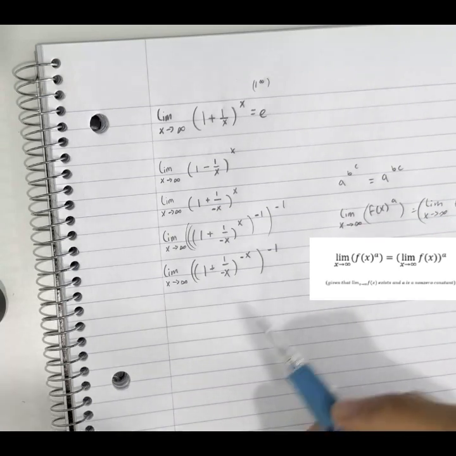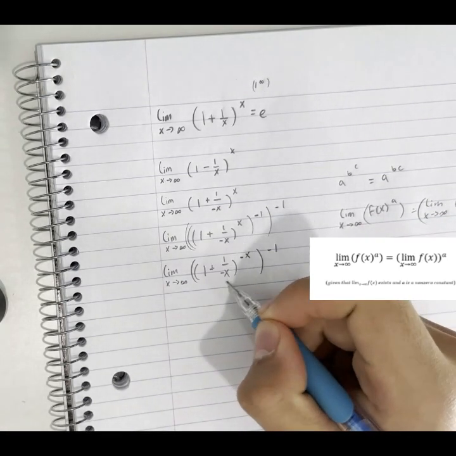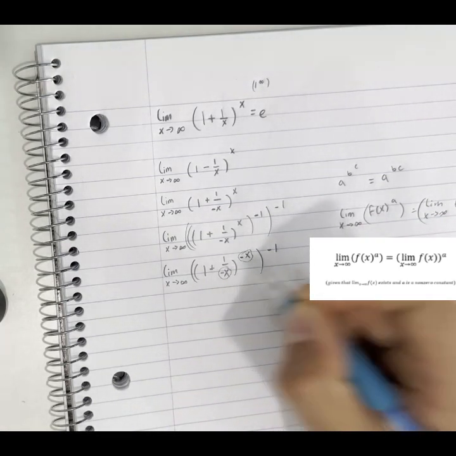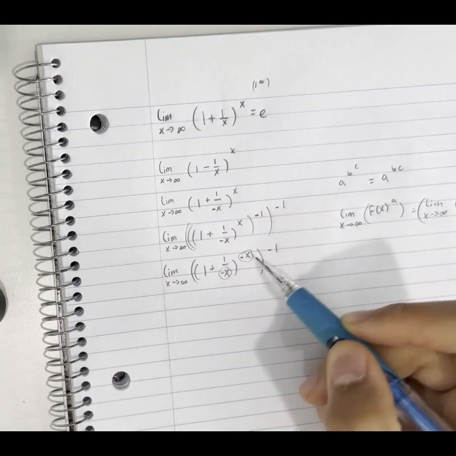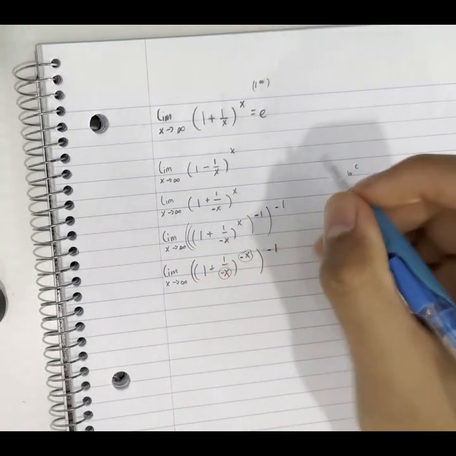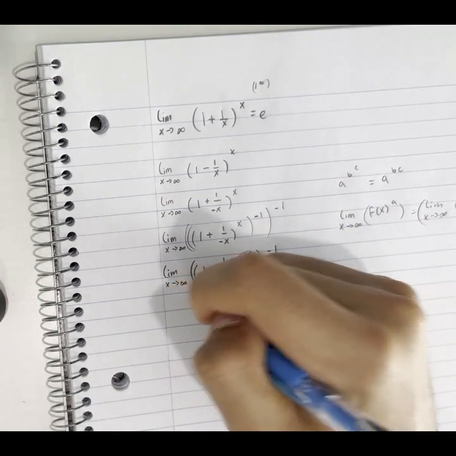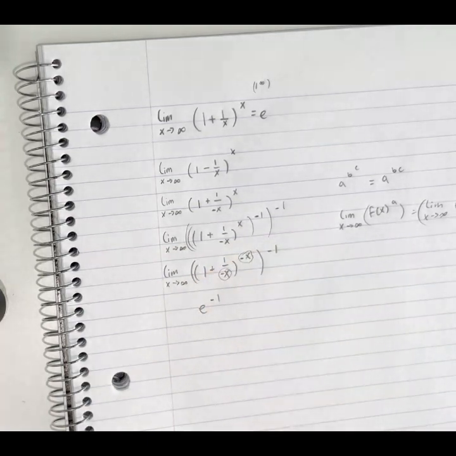So what do we notice here? This number is the same as this number. So we can apply this right away, because these numbers are the same. That ends up being e to the negative 1 by this property. So that's one of the limits that you can do with this property.